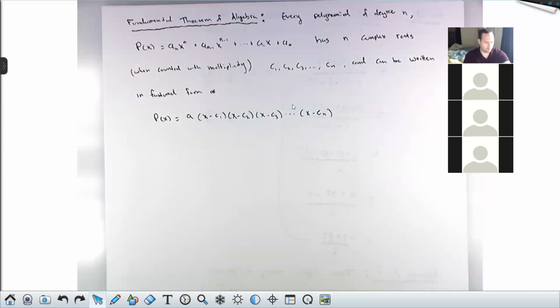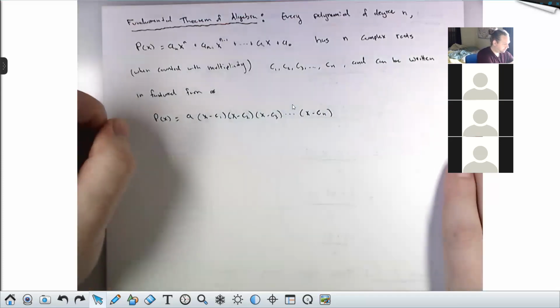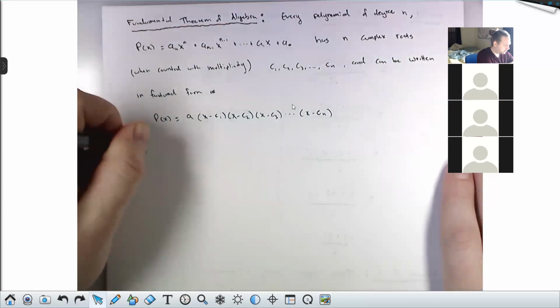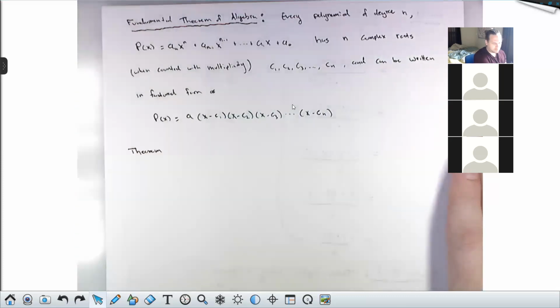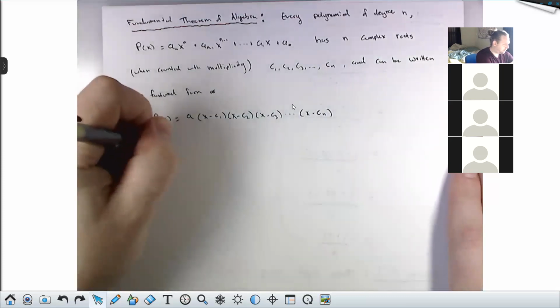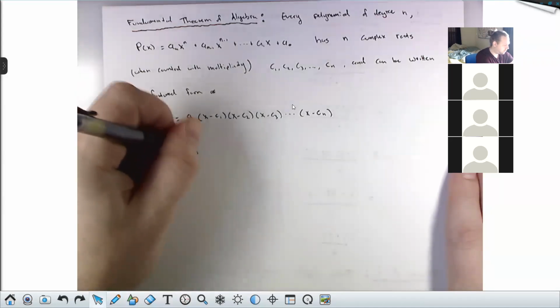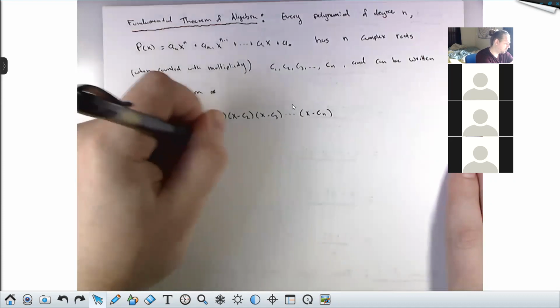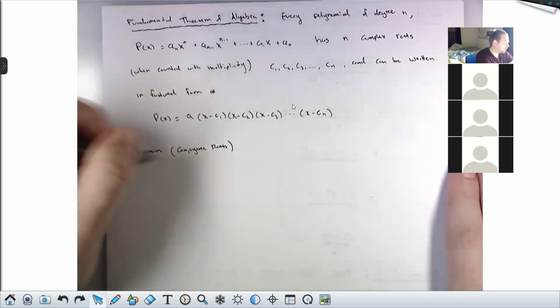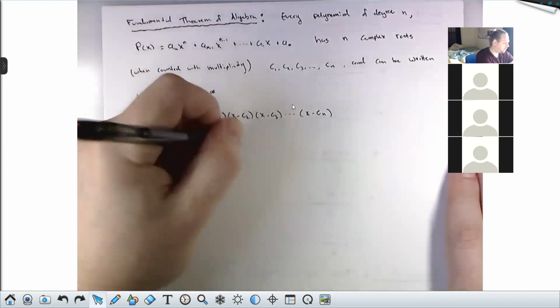There's one more theorem that I want to describe to you, and then I guess two more theorems. Now remember, anytime you see the word theorem, it means that this is something that could be testable, right? So first, here's the theorem on conjugate roots.